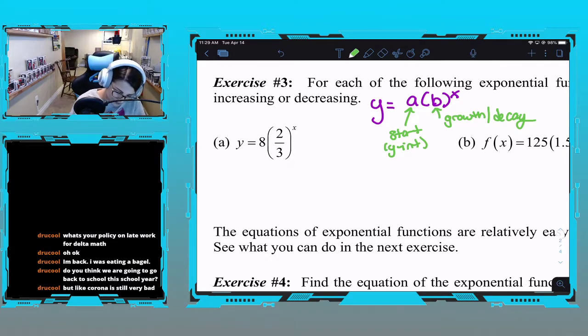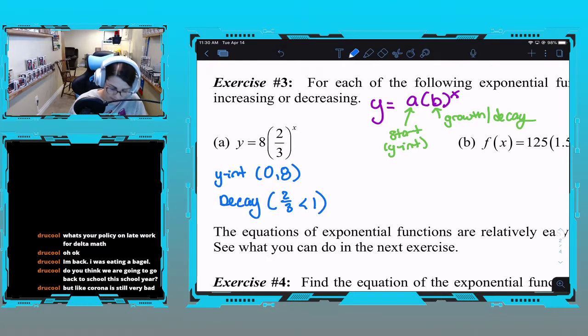So here we have a y-intercept of 0, 8. And because it is less than 1, but still bigger than 0, it's not going to be negative, it's going to be decreasing or decay. Decay, 2/3 is less than 1 is our answer for that.